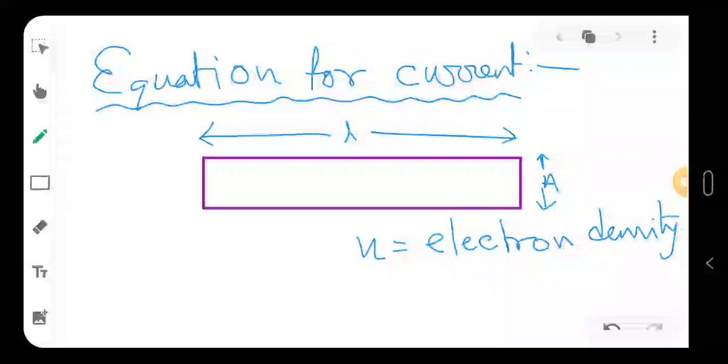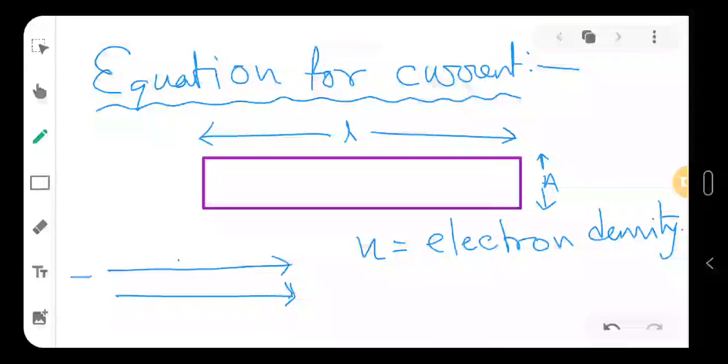Now we already know that if there is some electric field and I put a charge here, what is electric field? Electric field is nothing but the force per unit charge. So the electric field is coming like this. That means the positive side is here and the negative side is here, because electric field lines go away from positive towards negative.